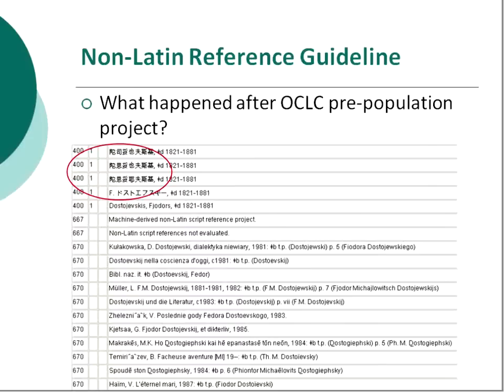So in other words, the result is that the 400 non-Latin fields do not necessarily represent the names that are represented in the 100 field. So it's all the 400 references added automatically by the machine. There isn't any justification in the 670 field, and the result is the record does not necessarily represent just one author.